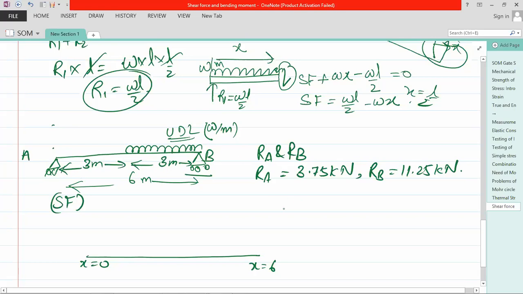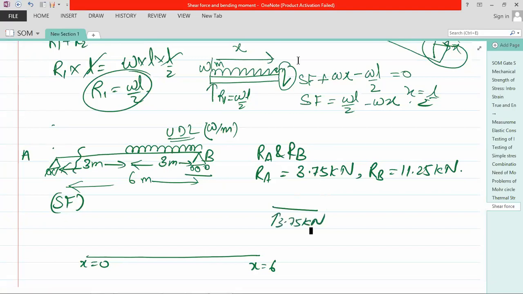Now, what you should do is take any element at distance x. Now this has 3.75 kilonewton. Oh, it is 5. Sorry, I have not written it. It is 5 kilonewton per meter.